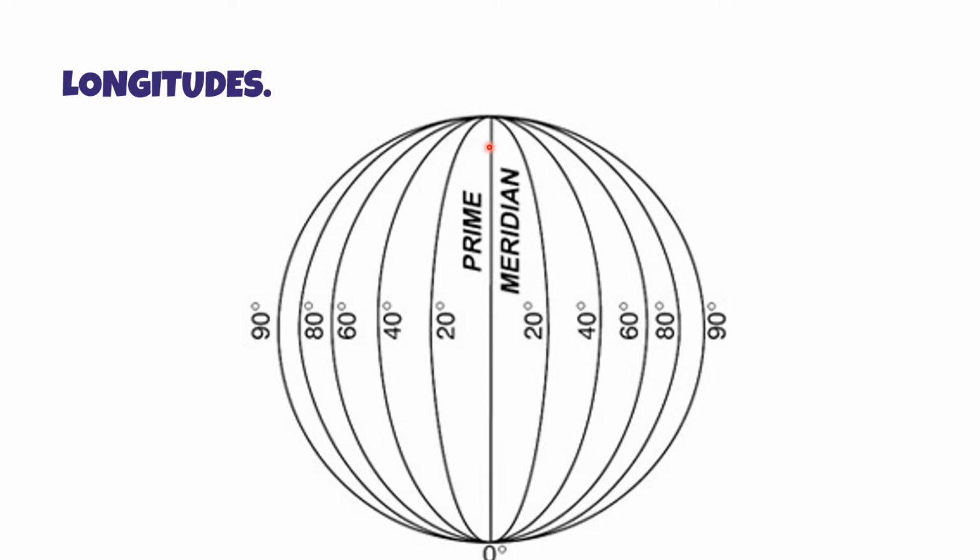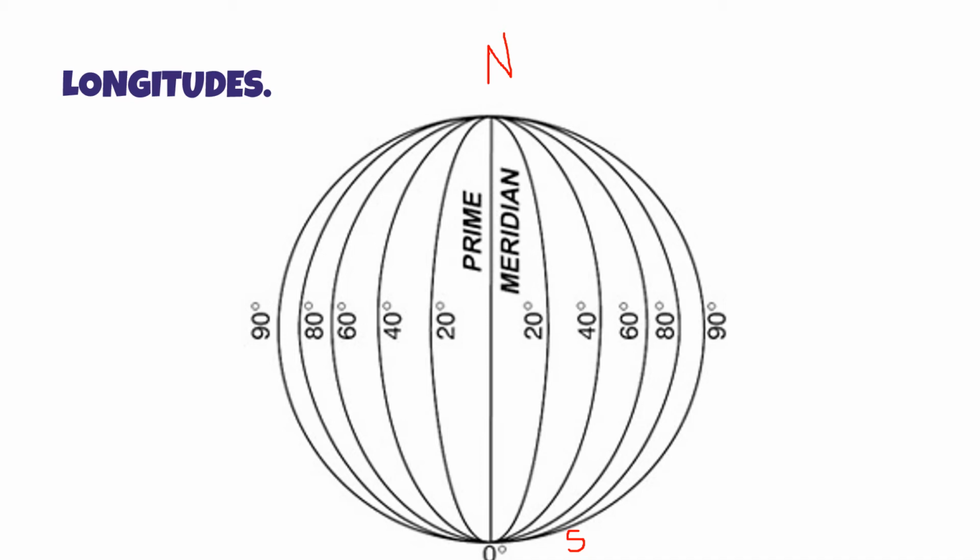What are longitudes? Latitudes, you have learned, run from east to west. Now, longitudes are imaginary lines which run from north to south. I am marking N and S here. These are the lines of longitude running from north to south.